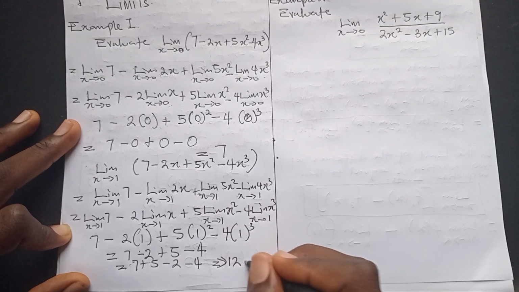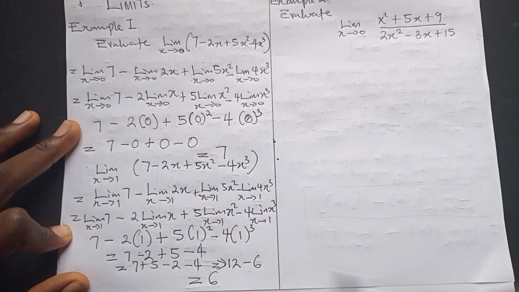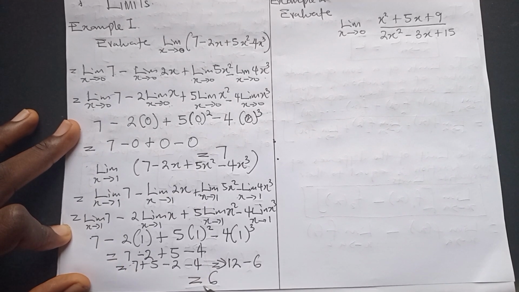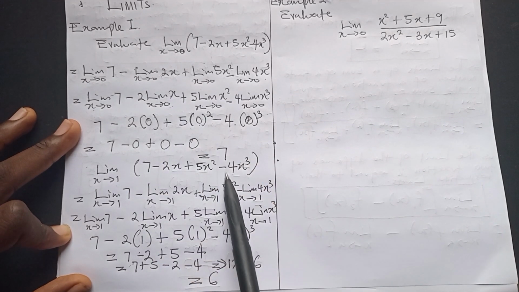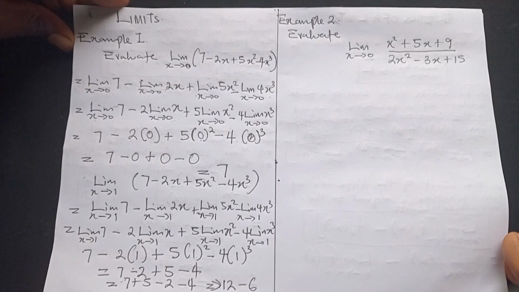Minus 2 minus 4 gives you minus 6. So 12 minus 6, our answer is 6. So the limit when x tends to 1 of this function is 6, while the limit of this function when x tends to 0 is 7.